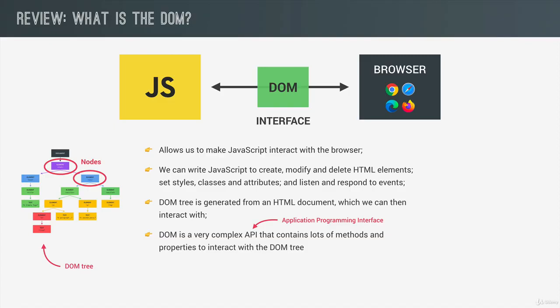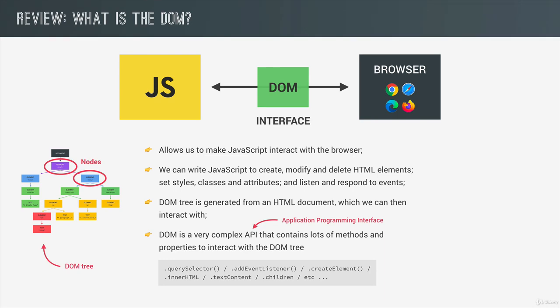In practice, that means that the DOM contains a ton of methods and properties that we use to interact with the DOM tree, such as the query selector, add event listener, or create element methods, or also the inner HTML, text content, or children properties, and many, many more.